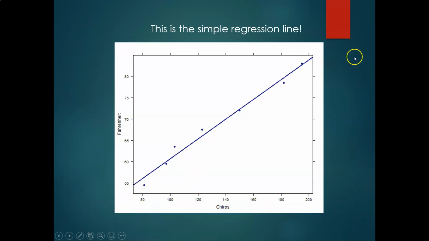The first thing it spit back was the intercept. The intercept is the spot on the vertical axis where the line crosses the vertical axis. In other words, it's also the spot where the chirps are the lowest. In many cases, it's 0. In this case, it's not because chirps could go way beyond that. But the best way to remember intercept is a place where it crosses the vertical axis, where it starts, where the line begins.